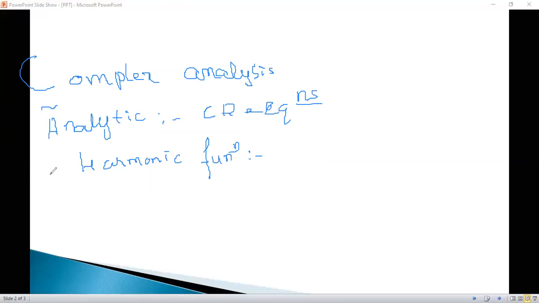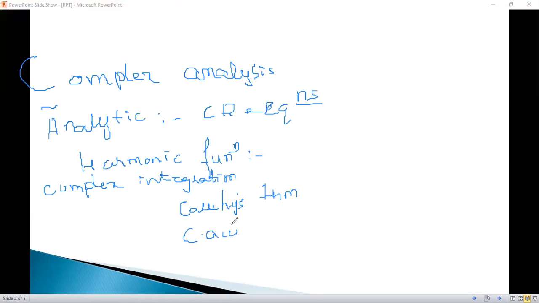After that, we have discussed complex integration. Here the main theorems for complex integration are Cauchy's theorem, Cauchy's integral theorem, and then lastly Cauchy's residue theorem.